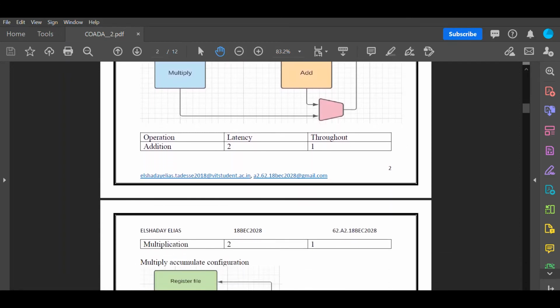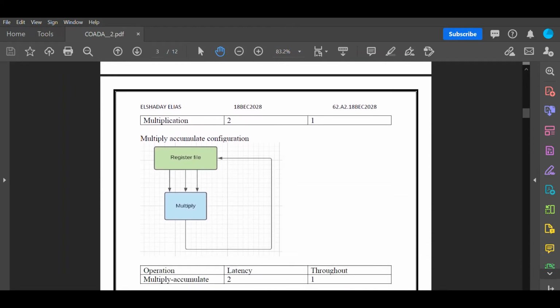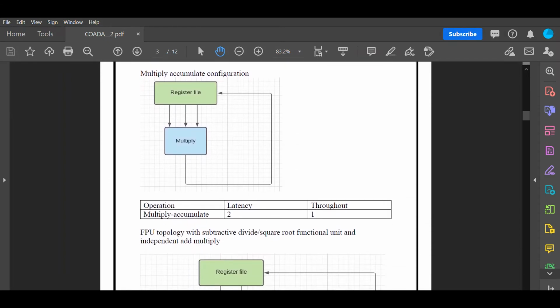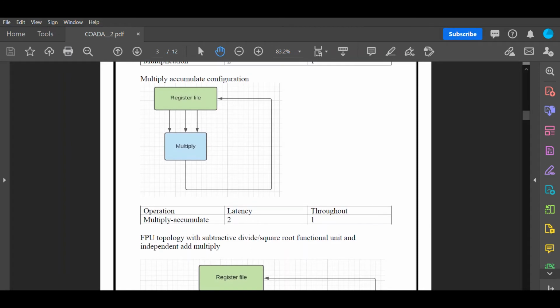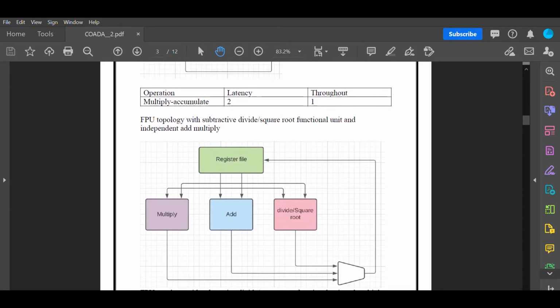The addition operation has a latency of 2, and the multiplication also has a latency of 2, and the throughput of both addition and multiplication is 1. In the multiply accumulate configuration, it has a register file and a multiply accumulate unit, in which the result goes back to the register file, and it has a latency of 2 and a throughput of 1.